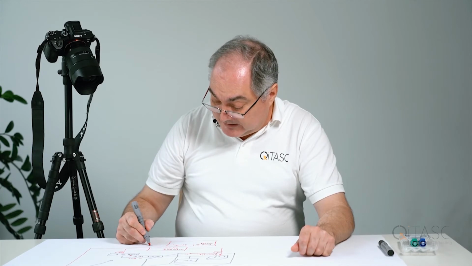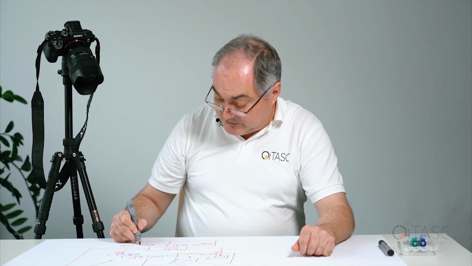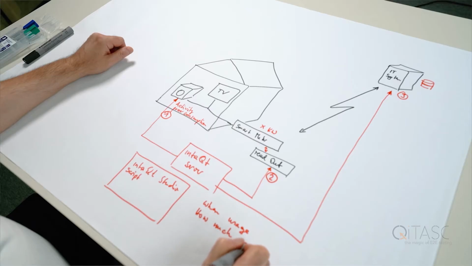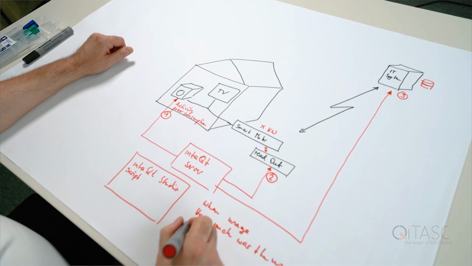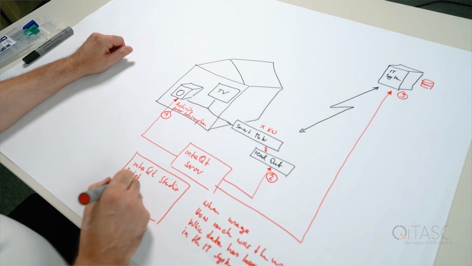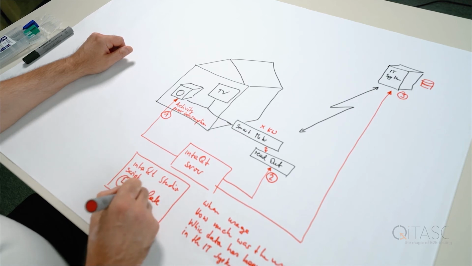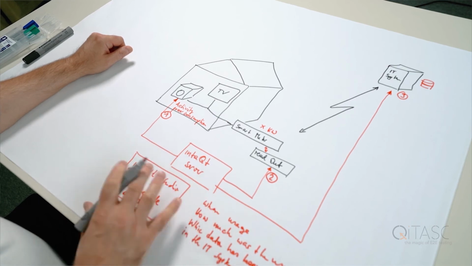So we will know when was the usage, how much was the usage, and finally, which data has been generated in the IT system. And on the fourth place, we will correlate all data. And this will be done automatically.